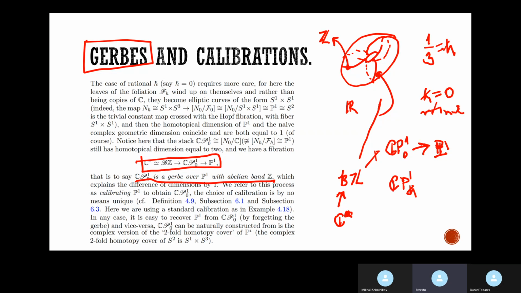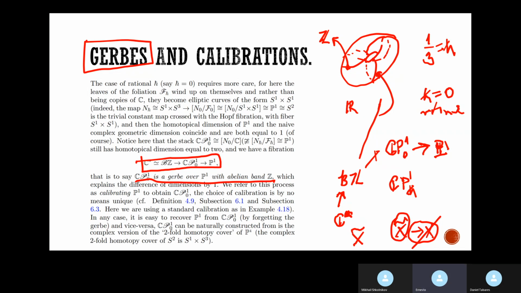Now, you could complain, but this is not P1, old P1, the one I used to have. And then I would say, well, there is a way in which it is. If I start developing the theory and I consider the category of toric varieties together with a gerbe sitting on top of toric varieties, but I forget the toric variety. And I just remember the toric varieties together with a gerbe that is totally canonical on the toric variety.